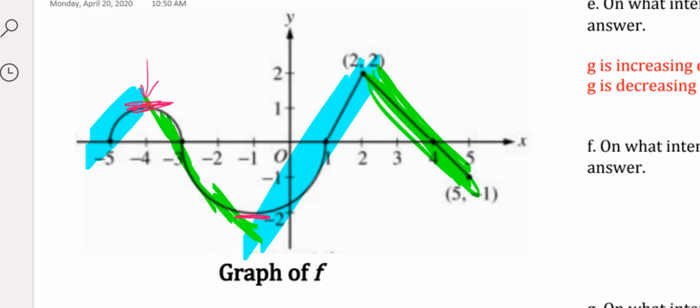So we're really going to look at where the concavity changes. The concavity changes at those two x values, and then again up here at x equals 2 because of that sharp turn. All we have to do is look where the slopes change, and then we can answer our question.